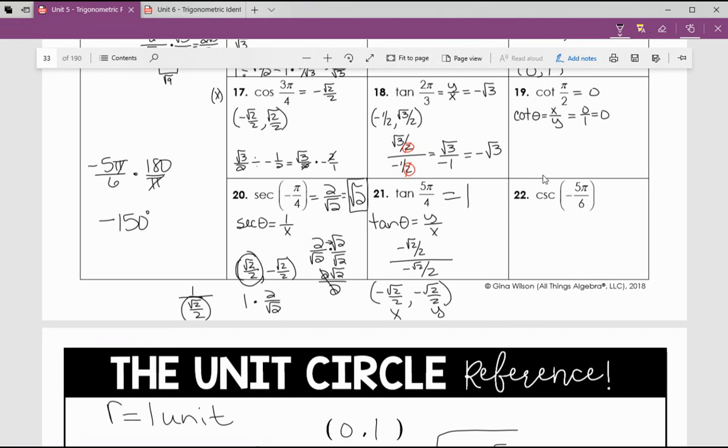So all I did was the conversions that we did yesterday. So this is the radian version. This would be what it would equal in degrees. Now, I still need my ratio. Cosecant is 1 over y. So I still need to find the ordered pair associated with negative 150.